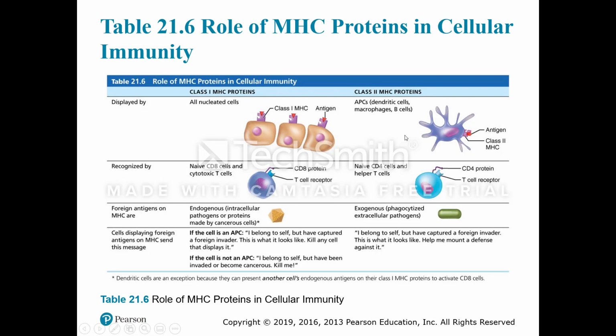This is recognized by the CD4, by your class MHC2, and then the type of foreign antigen and the cells displaying foreign antigens on MHC that send this message. This is a very good comparison of the MHC1 and MHC2 protein. If you want, you can use this in your review.